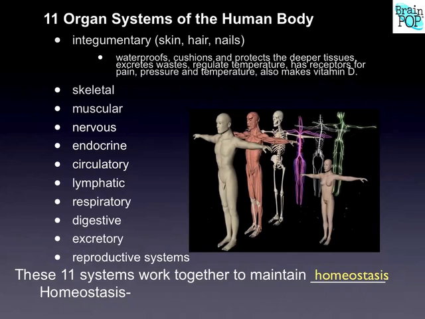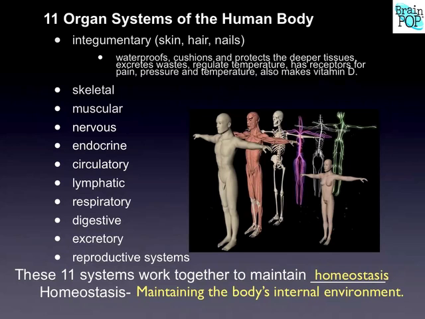Homeostasis is your body's ability, your body's functioning to keep conditions balanced, to maintain the proper environment within our body. Obviously, our bodies work best at certain temperatures, certain pH, with a certain amount of glucose and oxygen in our blood.